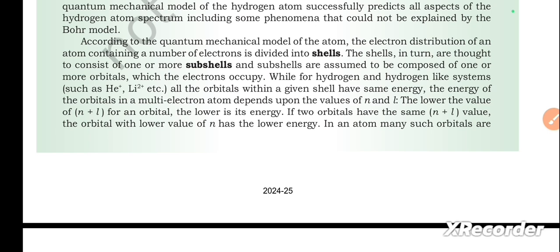While for hydrogen and hydrogen-like systems such as He+, Li2+, etc., all the orbitals within a given shell have the same energy, the energy of the orbitals in a multi-electron atom depends upon the values of n and l. The lower the value of n + l for an orbital, the lower is its energy. If two orbitals have the same n + l value, the orbital with the lower value of n has the lower energy.